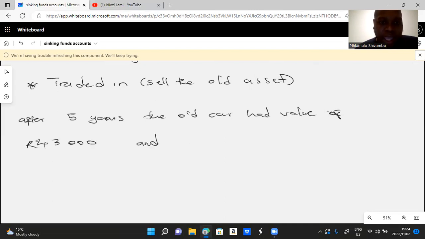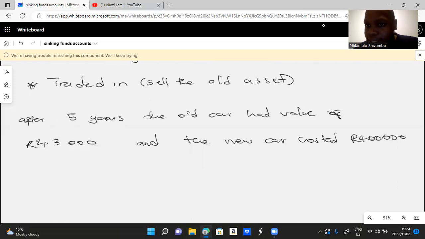And the new car costed 400,000. Let's say this is what we have. So the company is going to sell the old car at the value of 43,000. And the money that they get, which is 43,000, they're going to use it towards the purchase of the new vehicle. So it means that the company will not need exactly 400,000 to purchase the new car.